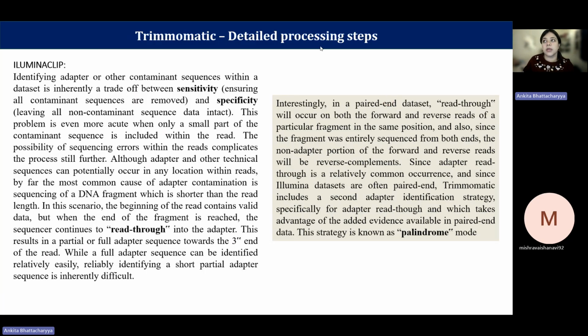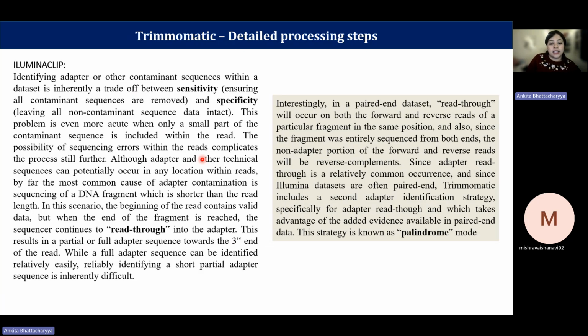And in those cases, because you would have low confidence over it being an unnecessary or junk piece of sequence, you would not actually end up trimming it, and that makes it even more dangerous. You would end up retaining junk DNA within your sequencing analysis. The possibility of sequencing errors within the reads complicates the process even further.